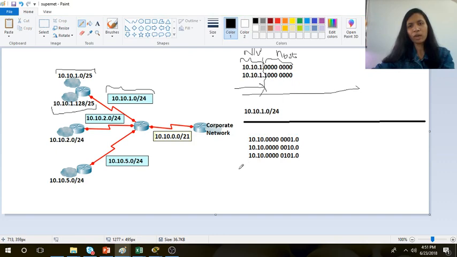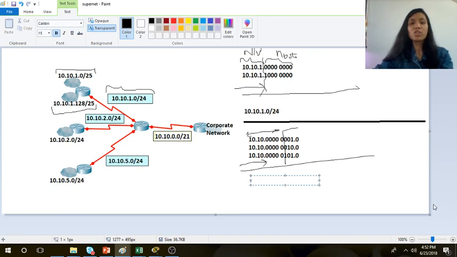Okay, so I need to supernet these. So I am going to take a look at which are the common bits from my left hand side. Okay, so till here I have got common bits and then I have got uncommon bits starting. Okay, so these are going to be my network bits and the rest of them are going to be my host bits. Okay, so I am going to have my supernetted network as 10.10.